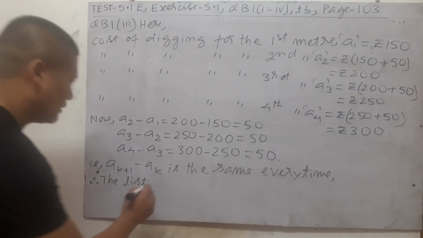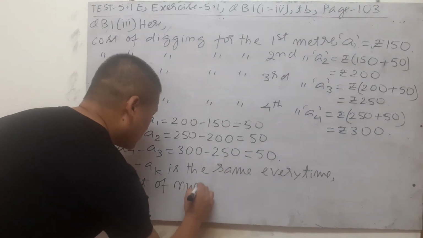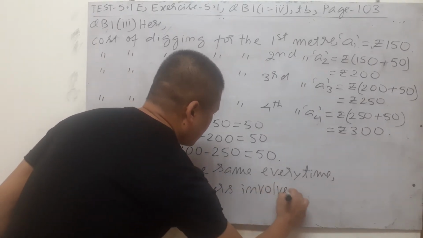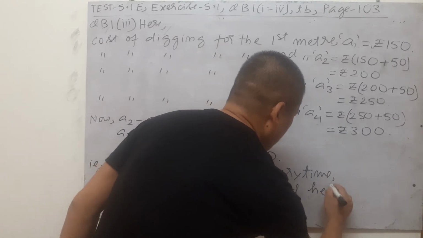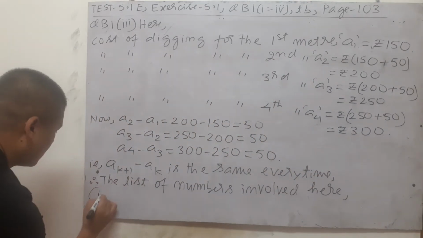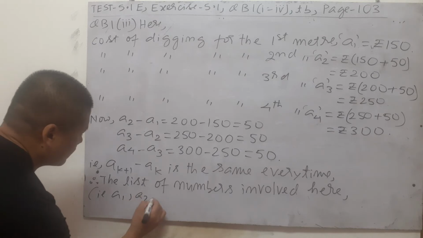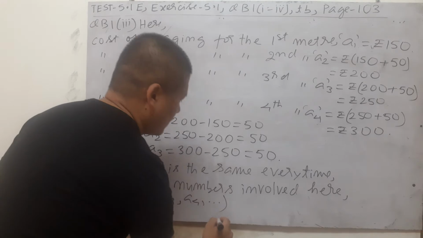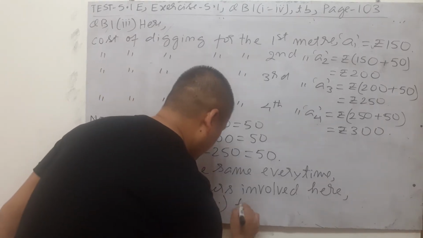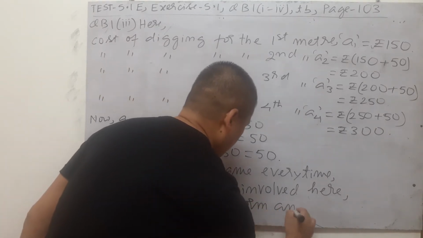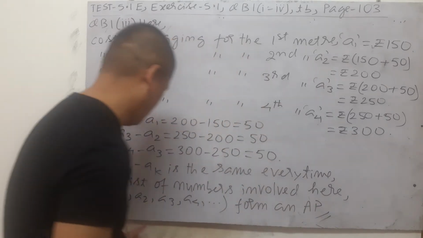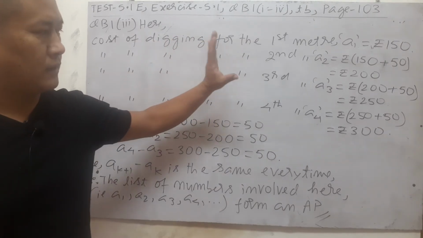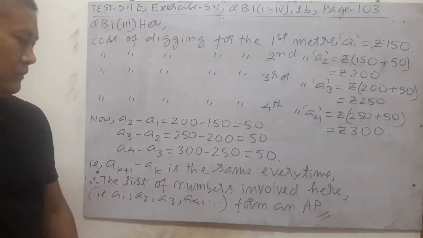So the list of numbers involved here, that is your A1, A2, A3, A4, etc., form an AP. In this case it is the digging for the first meter, second, third meter. Right, so that's an AP.